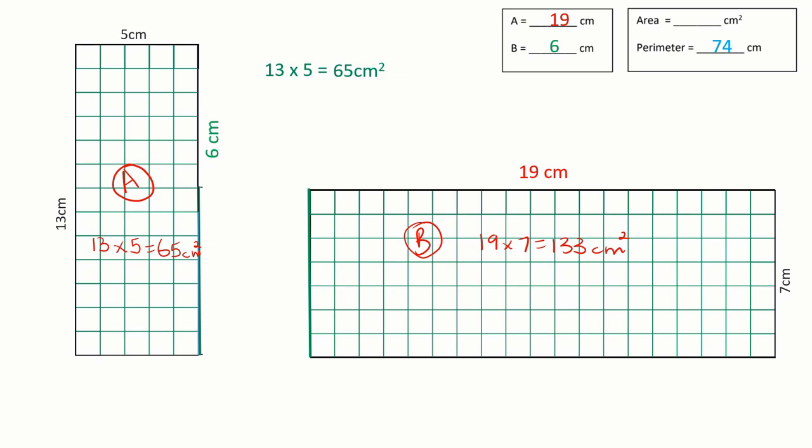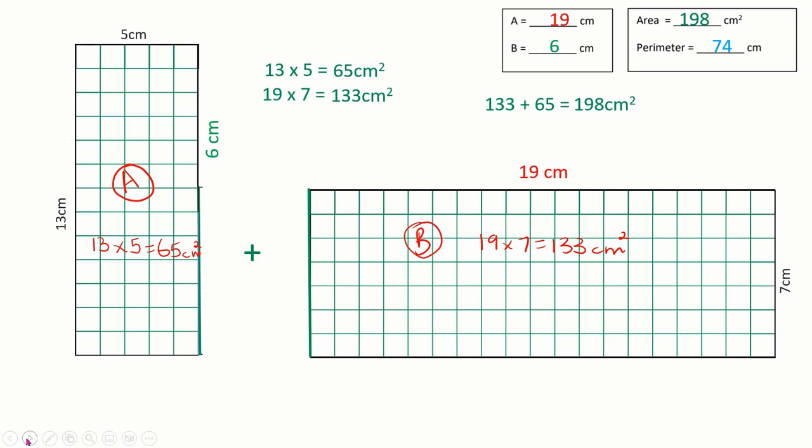So how do I find the area of the entire shape? I have to add section A and section B. There we go. Add them together and I get 198 centimetre squares.